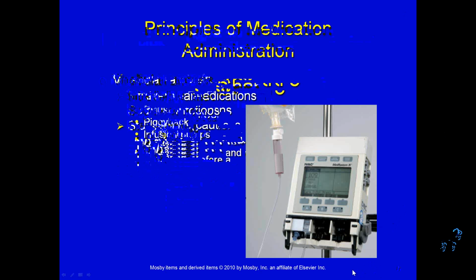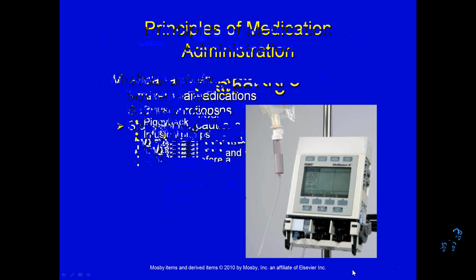It really didn't matter a lot because you're running the IV and the medication's going to get into the patient anyway, but that was a method used to prevent backflow. Anymore, IV tubing has check valves in it that prevent that backflow, but certainly follow your local practice.